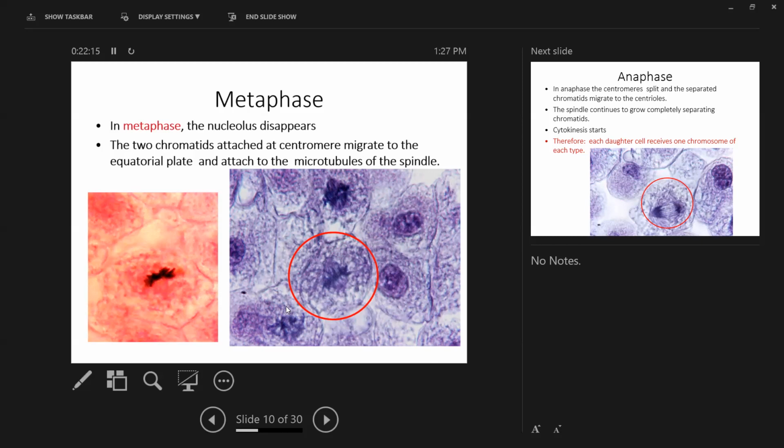Because we want to make sure we have an equal distribution of all the organelles too. The cell's going to need mitochondria, Golgi apparatus, endoplasmic reticulum, lysosomes and peroxisomes. It's going to need all these different organelles, and we want to make sure they get their share of them because we've copied them too.